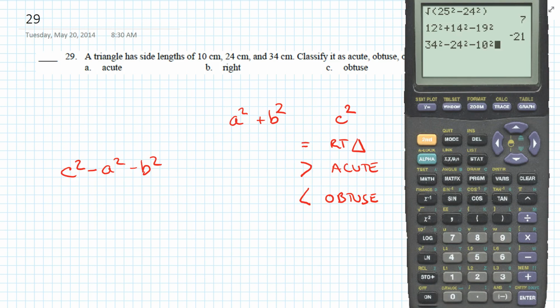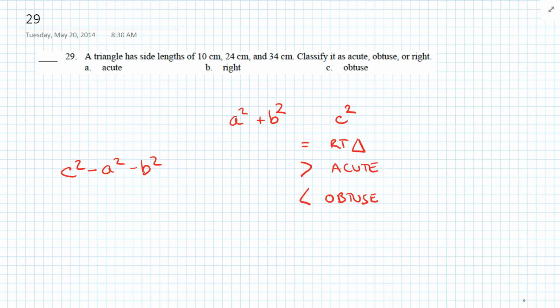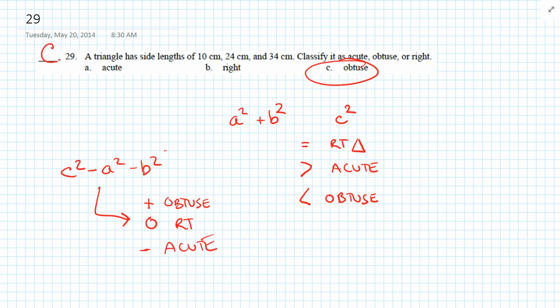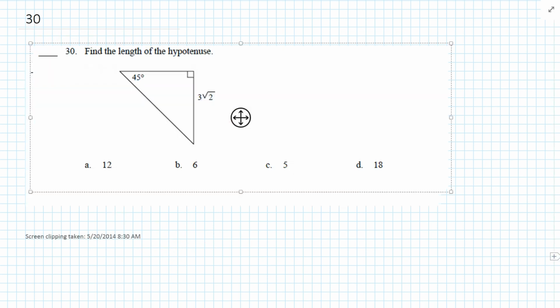That's a positive number, so it's obtuse. So this equation right here, if it's positive, it's obtuse. If it's 0, it's right. And if it's negative, it's acute. So 29 answers C.